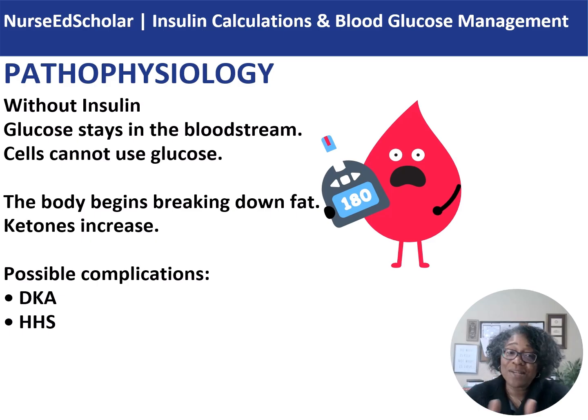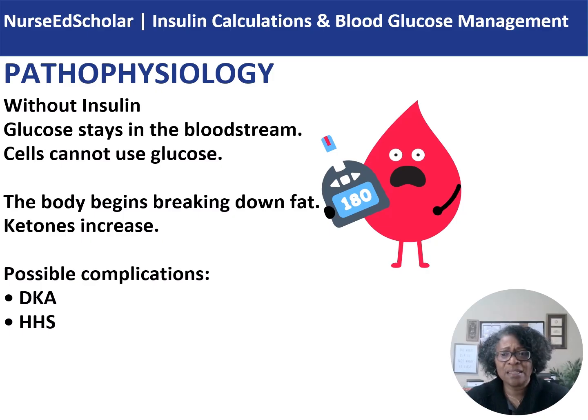And that's not really good, because when that happens, complications will happen. Your patient may develop diabetic ketoacidosis. They may even develop hyperosmolar hyperglycemic state, and both of these conditions are life-threatening. So this is worse than your hyperglycemia.